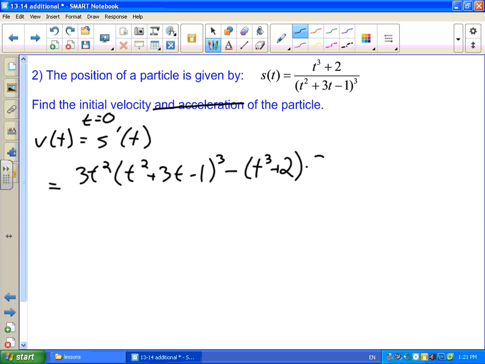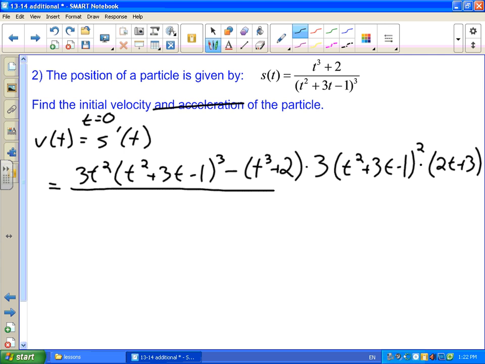So that's, bring down the 3, (t squared plus 3t minus 1) squared, and that gets multiplied by the derivative of what's inside. So that's going to be 2t plus 3. All of this gets divided by our denominator raised to the power of 2, so that'll be the exponent 6 down there on the bottom.